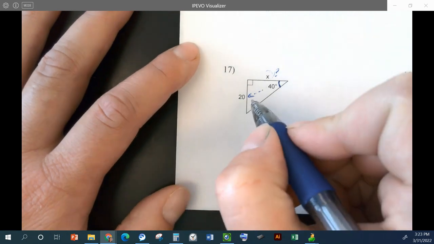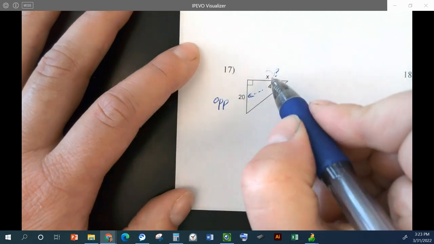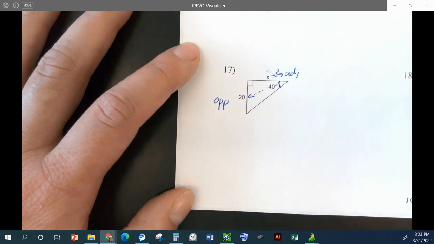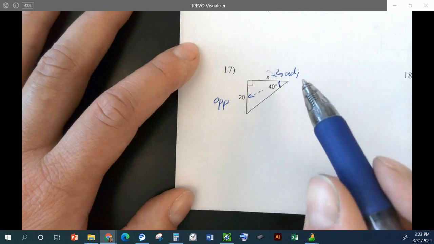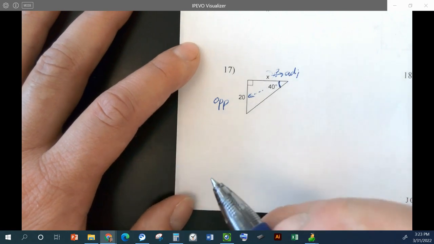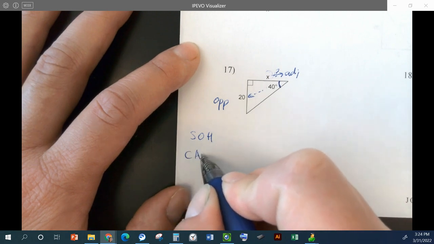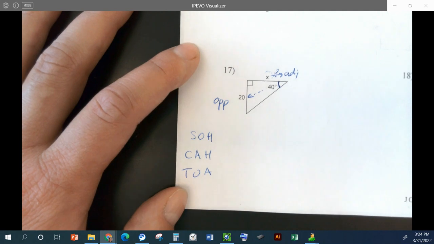No, these won't be the same size. So this is opposite. X would be adjacent. So what relationship relates adjacent and opposite? So this helps me again. So toa. So we're looking for one that has opposite and adjacent.